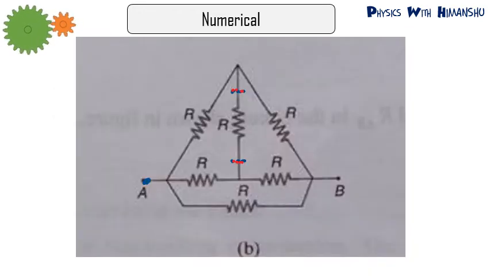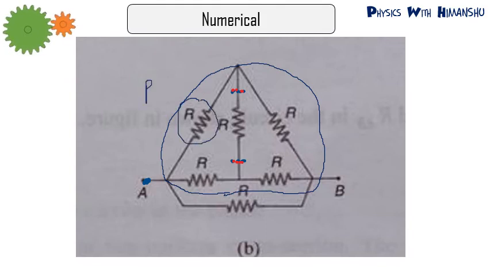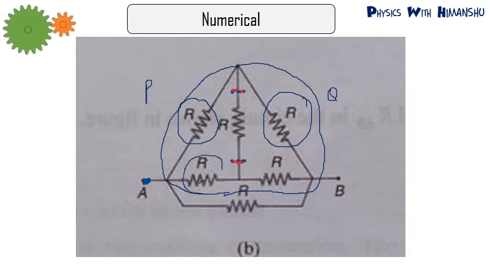Again, if you look at this circuit, the upper part resembles our Wheatstone bridge. Suppose this is P, suppose this is Q, suppose this is R, incidentally the value of this also is R, and this is S. If you check, P by Q equal to R by S is satisfied.